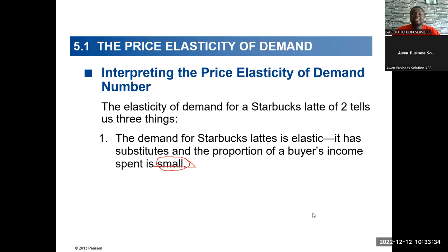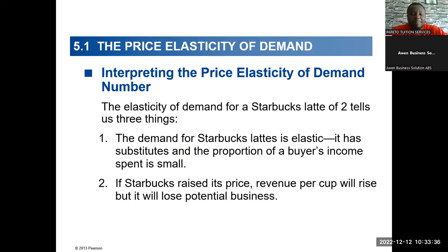Now, another implication is that if Starbucks tries to raise the price, revenue per cup will go up because your revenue is price times quantity. So if you increase your price, your revenue will go up, but you will lose customers because the demand for your good is elastic.